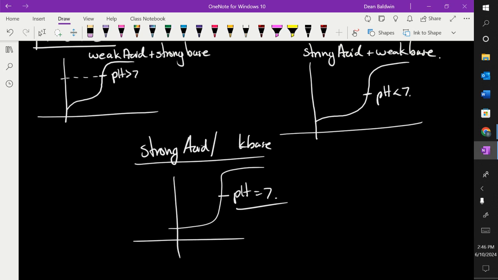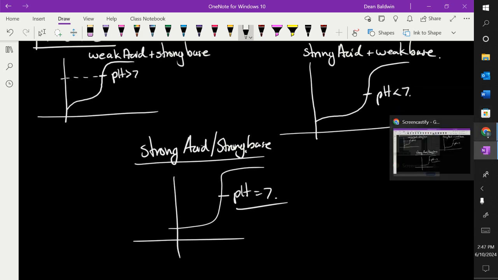That would confuse people. All right, pH 7. What if it's weak and weak? Depends on the weakness. But that's not going to work because these are for titrations, right? So that's how you pick your indicators.